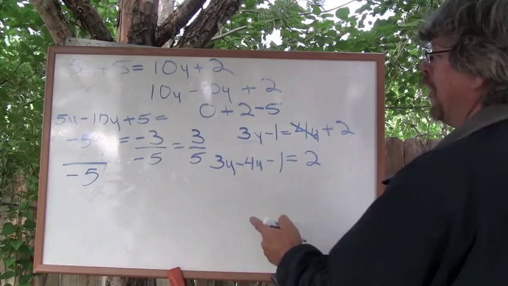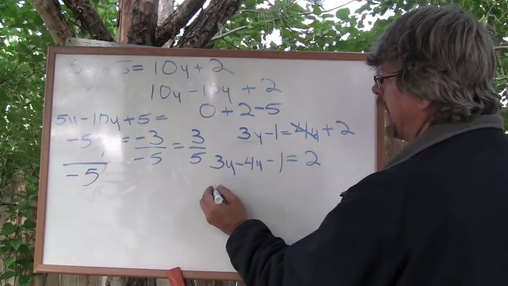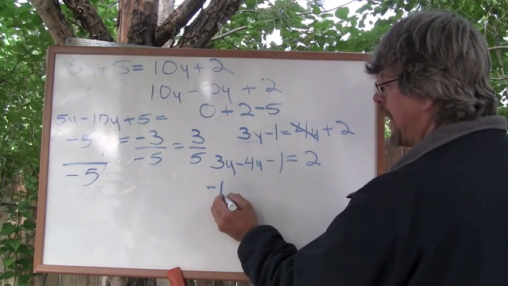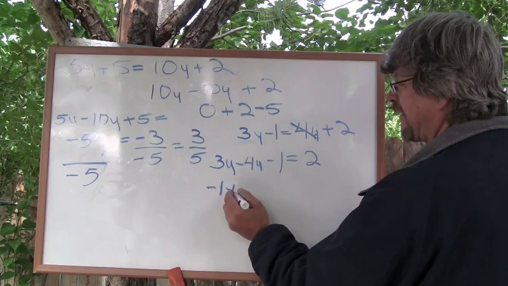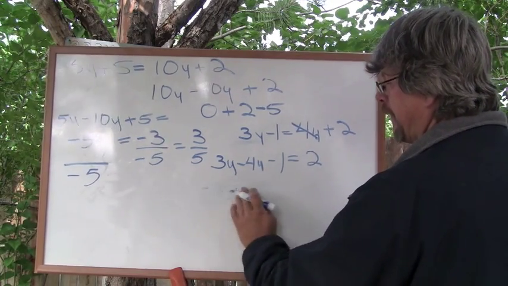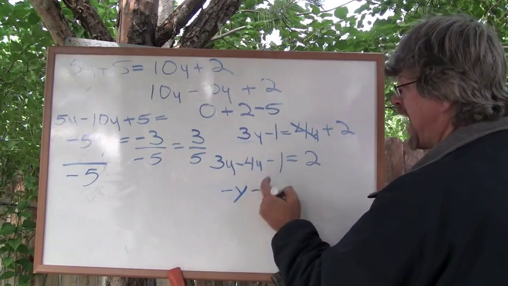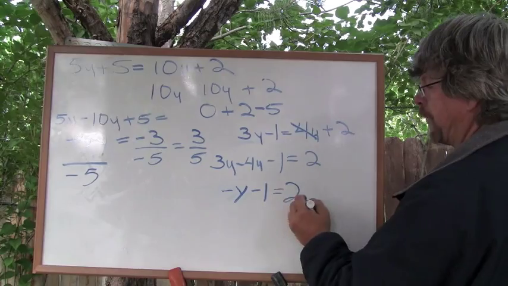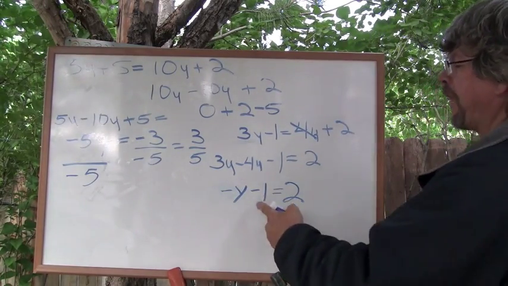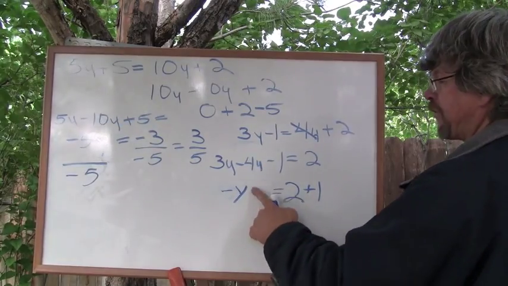Now it's over here. What's 3y minus 4y? Is minus 1y, right? Or just minus y. Minus y minus 1 equals 2. We want to get rid of the 1, so we add it. Add 1 to here, and it gets rid of it.